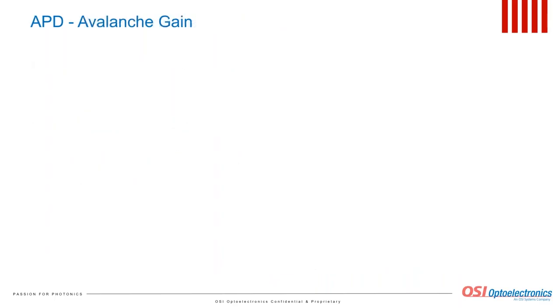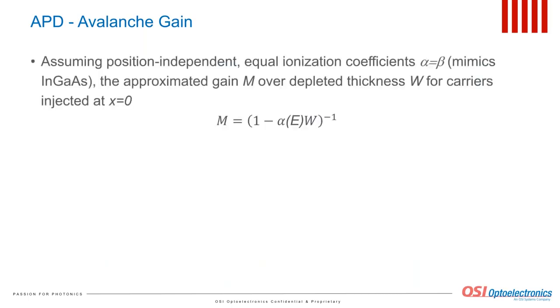Moving forward in our presentation, let's discuss APD parameters, and let's start with the avalanche gain. Assuming position-independent equal ionization coefficients for electrons and holes, where all the carriers creating the avalanche are equal, the avalanche gain over the depleted thickness of semiconductor for carriers injected at its edge can be approximated with the simple equation.